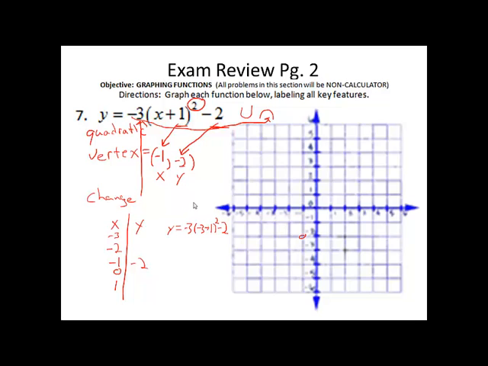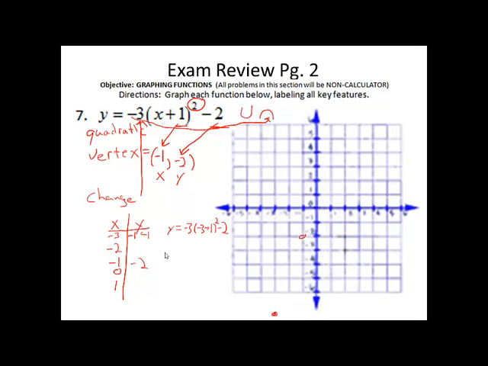And then I multiply that by -3, which is going to be -12. I'm going to subtract 2. I'm going to have -14. And my graph does definitely not go down to 14, but we'll put our point as far down as we can show. We'll put a point right there.